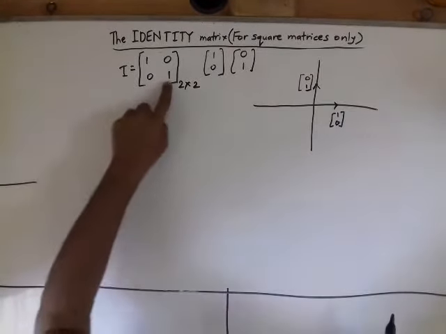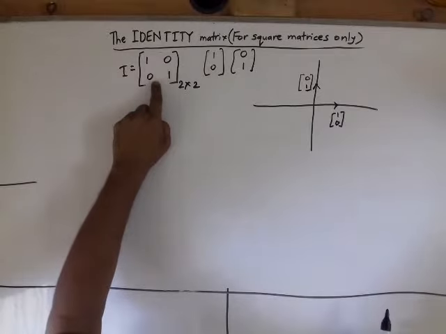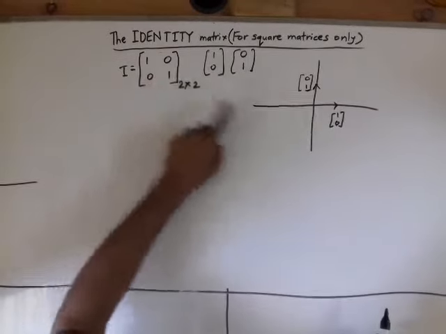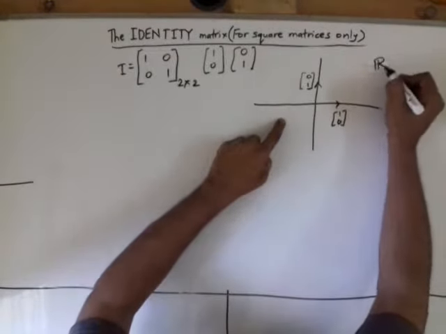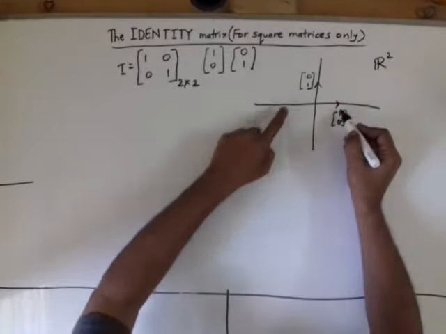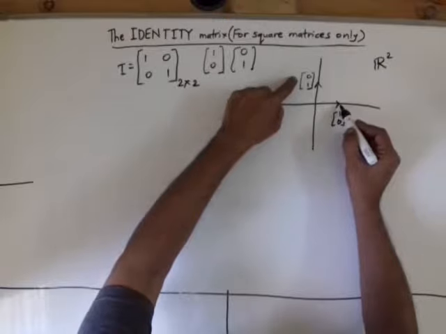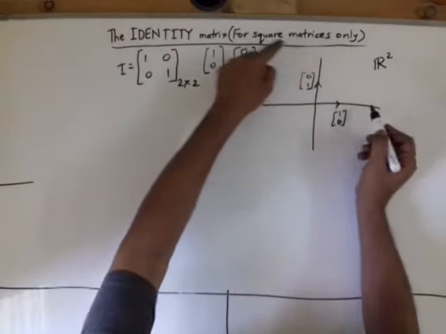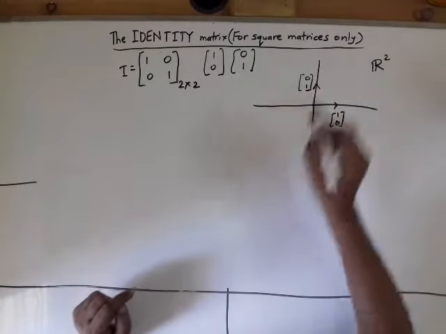So the columns of the identity matrix in the respective vector space give us n vectors along the axes, right? So this one is horizontal, this one is vertical.